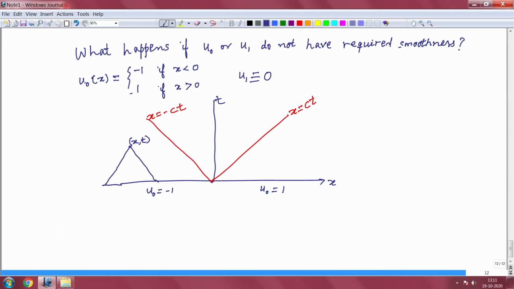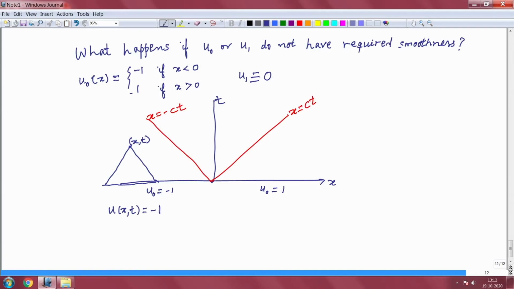Its domain of dependence lies entirely in the negative x axis. If you take any point below this line, its domain of dependence lies in the negative x axis, where u0 is -1 and u1 is identically 0. So, looking at D'Alembert's formula, you simply get u(x,t) equal to -1.